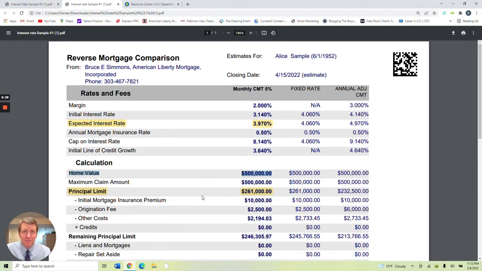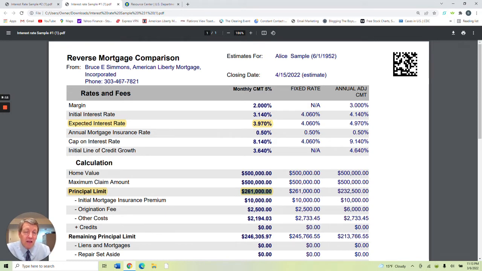In this video, I'm trying to keep it as short as possible, so we're not going to get into that. Based on those three factors, the age, the expected rate, and the value, we come up with something called the principal limit. That's the maximum loan amount. That's the amount we can loan. So in your case, if you're 70 years old and you have a $500,000 home, and you're applying for your loan on Monday, the 7th of March, then you're going to get $261,000. Of course, we subtract closing costs from that.